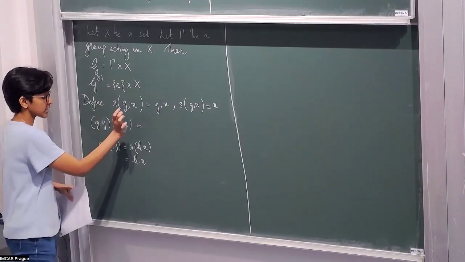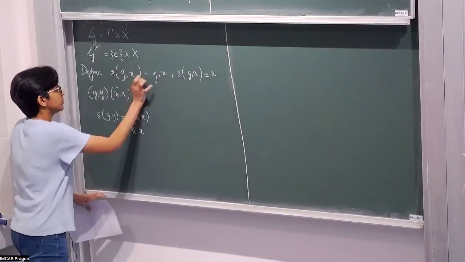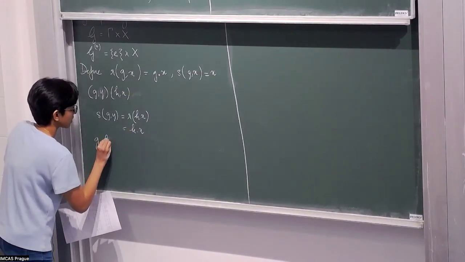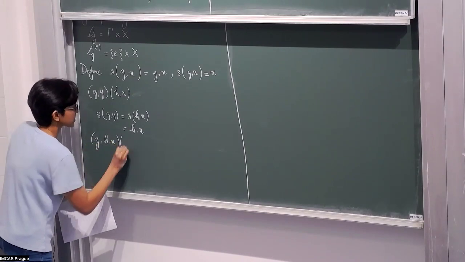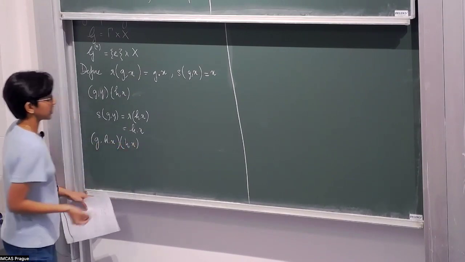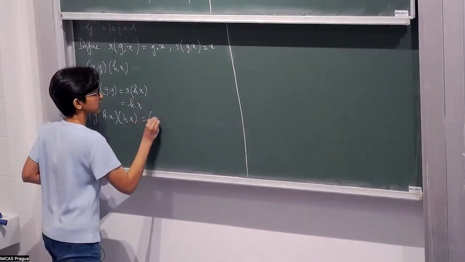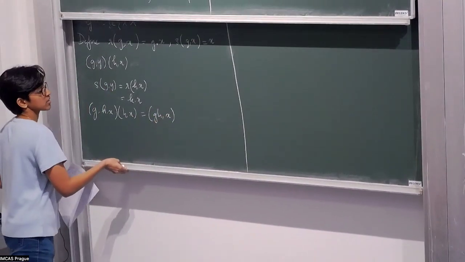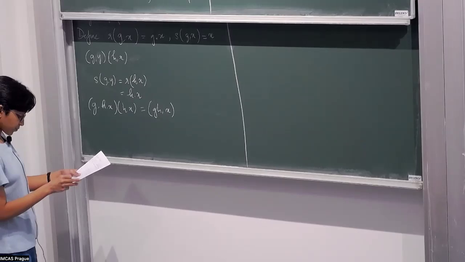So the pairs that I can compose will essentially be of the form (g, h·x) and (h, x), and this is just (gh, x), the pair gh and x.